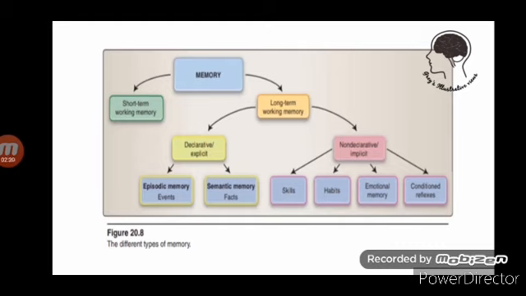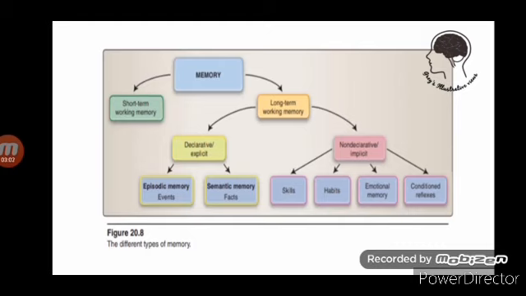The memory which specifically involves facts, like five apples, three mangoes, two walls, is factual memory, called semantic memory, a type of declarative memory.